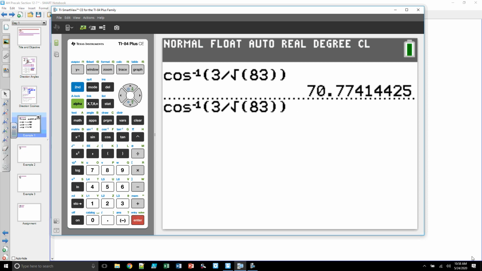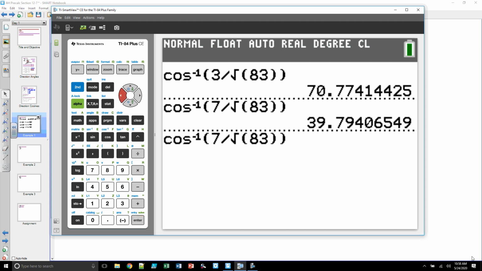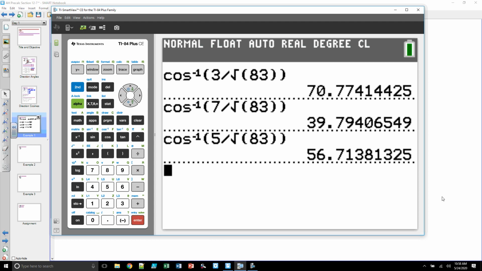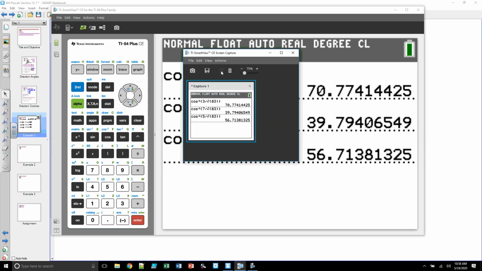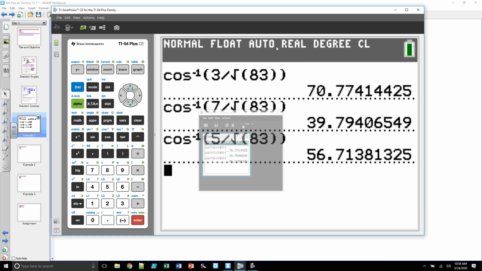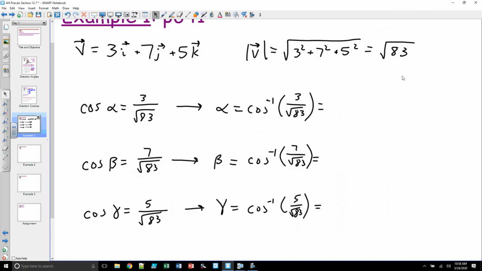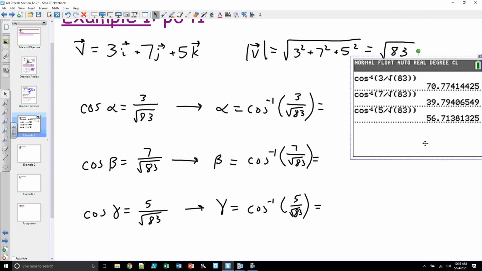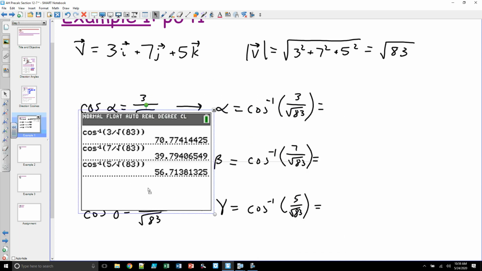And we'll do that again, but this time we're going to use 7 for beta. And do that one more time, but this time use 5 to find gamma. So those are our three direction angles. Let me just grab a picture of that and put it over here for right now so I can write those numbers down.